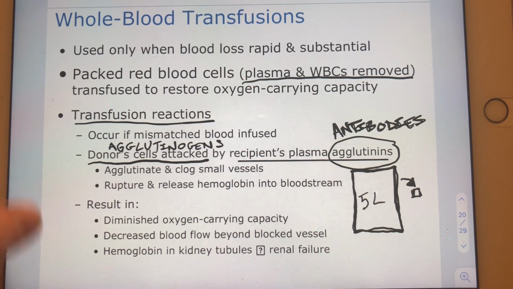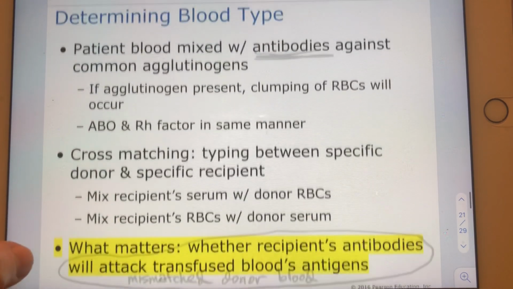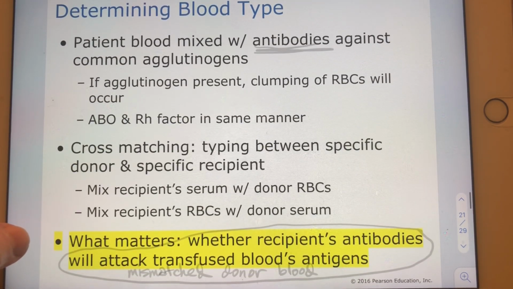let's see. I think that we did start the determining blood type slide. Yes. In fact, that's where I stopped lecture and went back to make this next recording. And here I think my mouth also said possibly agglutinogens instead of antibodies. Antibodies.